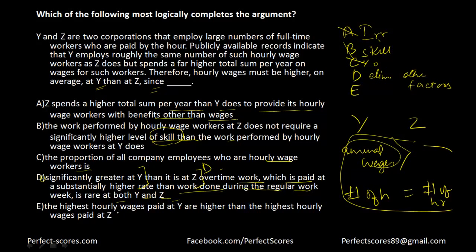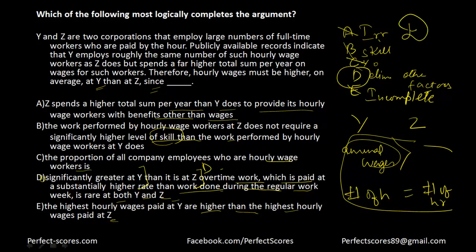E says the highest hourly wages paid at Y are higher than the highest hourly wages paid at Z. Now this could help us, but only if we know how many people get the highest wages in both Y and Z. So this is an incomplete option. Actually our answer is D, because this is giving us information.